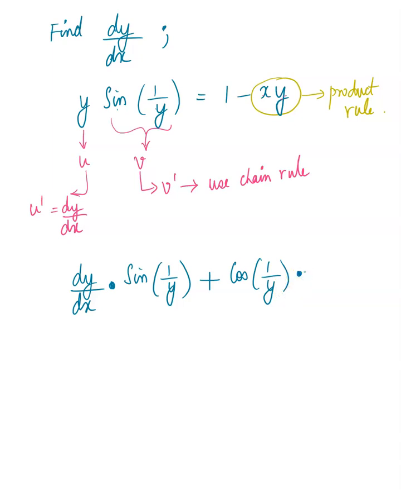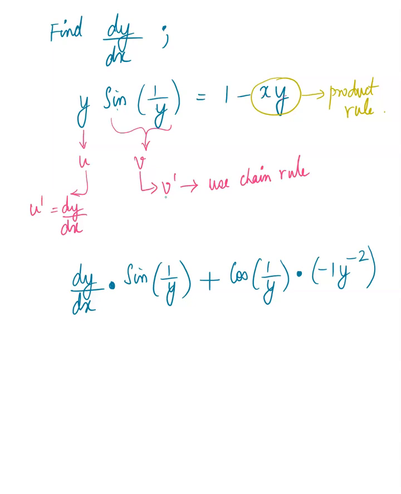Remember, inside it can be written as y power negative 1, right? And so the derivative of the inside would be negative 1, y power negative 2, right? Negative 1 minus 1. So that's derivative of inside.